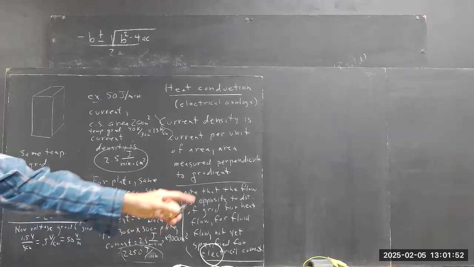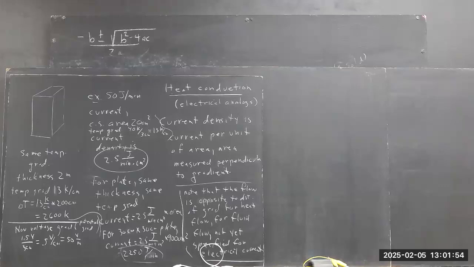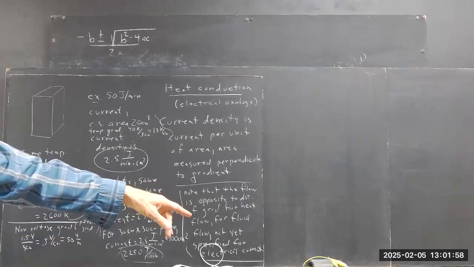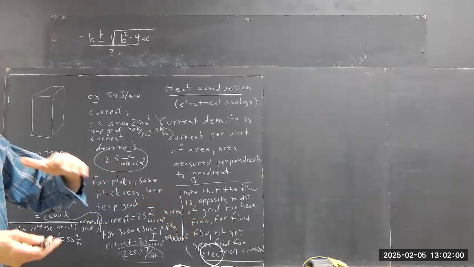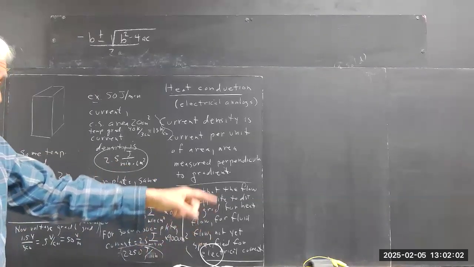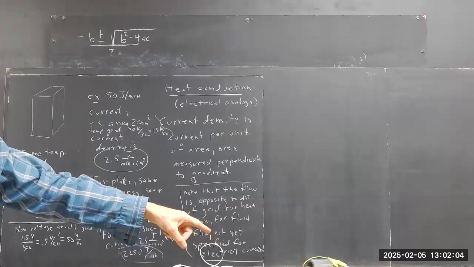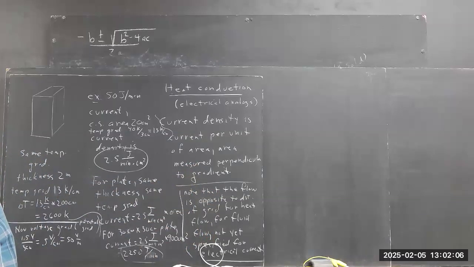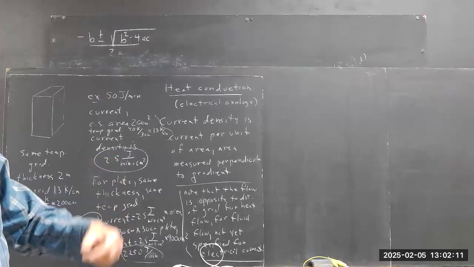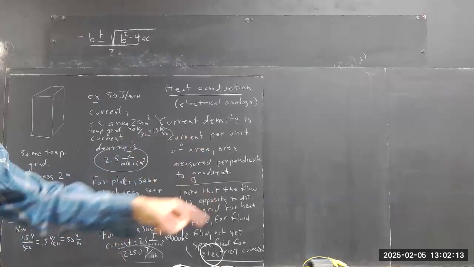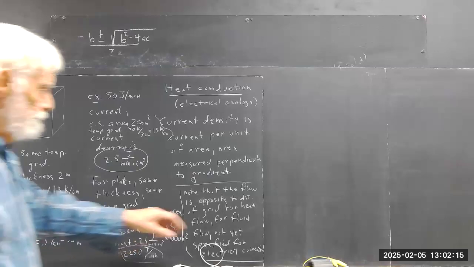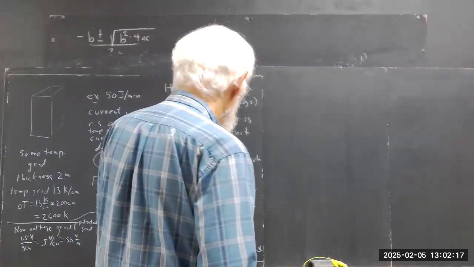Now, how much current flows through there? Well, if we did the same experiment with the same inner and outer temperature using aluminum plates, we get a different result. Okay, that's because aluminum has a different thermal conductivity than steel. Let's just make another analogy here.